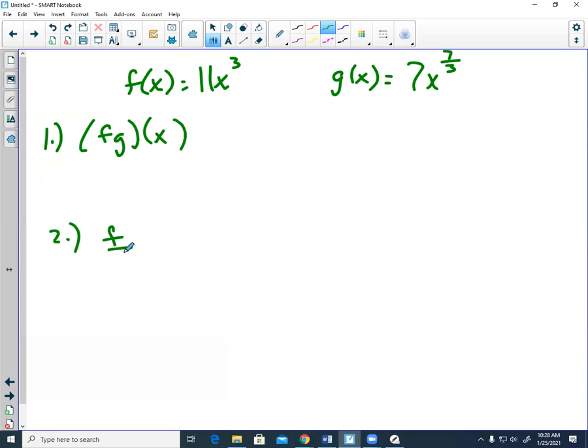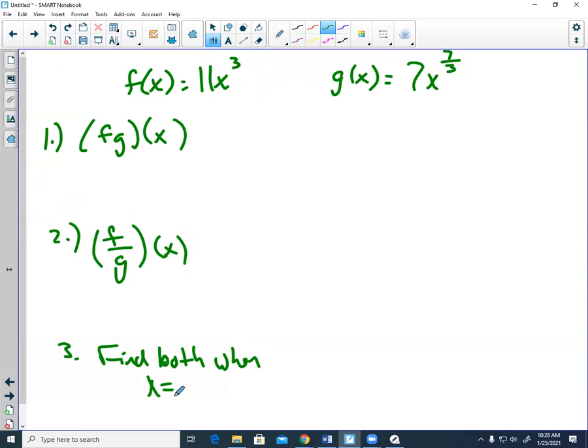Find f divided by g of x. And then find both when x equals -8. So that x equals -8 should just be as simple as plugging something in. But find f g of x, find f divided by g of x, and then find both of those when x equals -8.